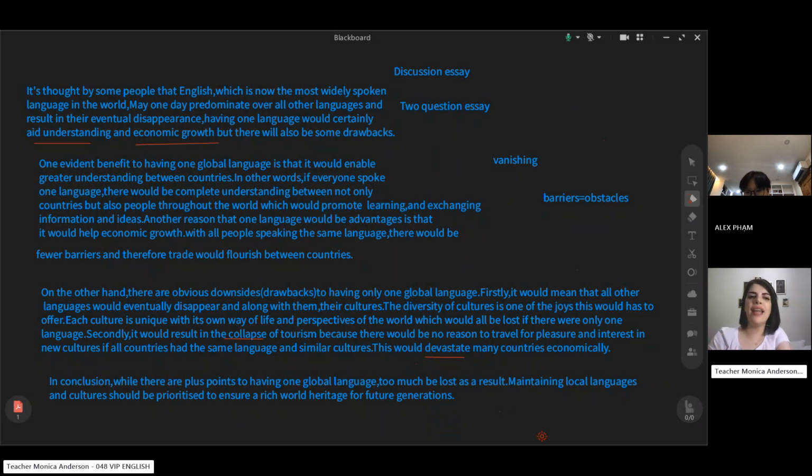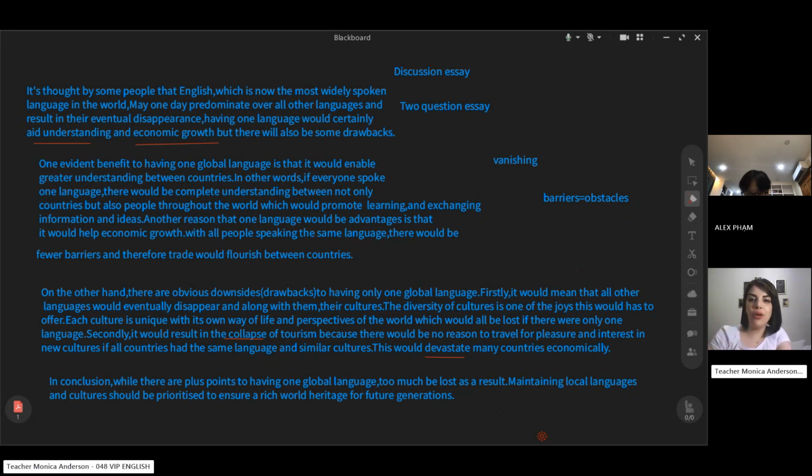So you can say, as you said, in conclusion, although there are a lot of advantages, or many advantages, to having one global language, at the same time there are noticeable disadvantages and drawbacks.